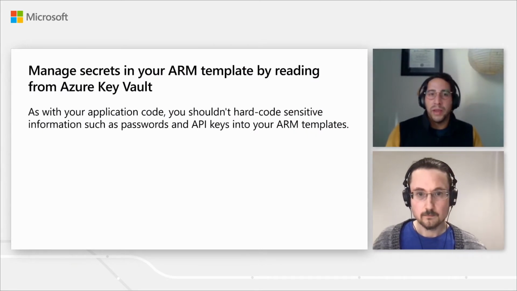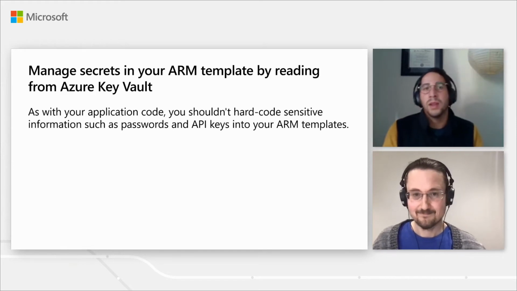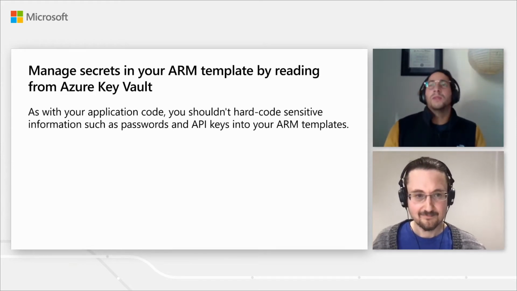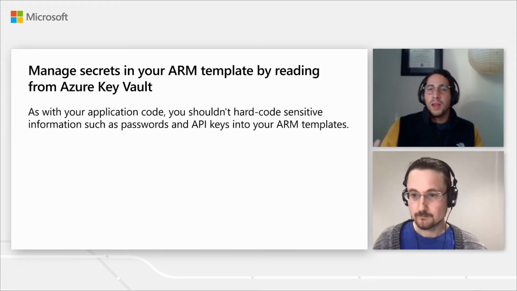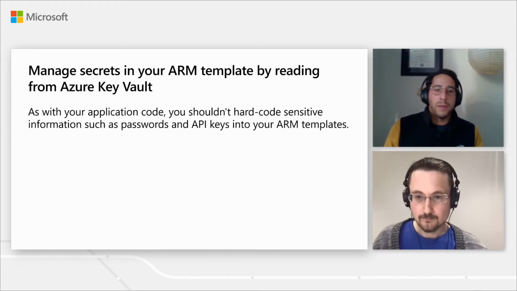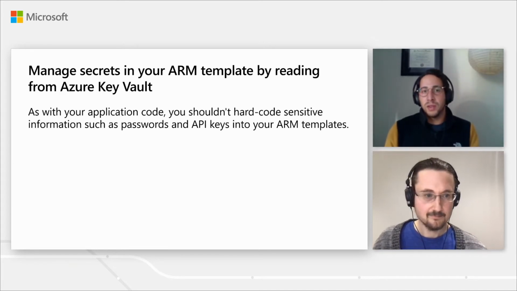So to keep up the pace, keep up the momentum, let's move on to how to manage the secrets in an ARM template by using Key Vault. So as we chatted about before the questions, there's a lot of passwords going around when we're dealing with applications, when we're dealing with actual users, etc. And we want to make sure we are passing those passwords around effectively and securely.